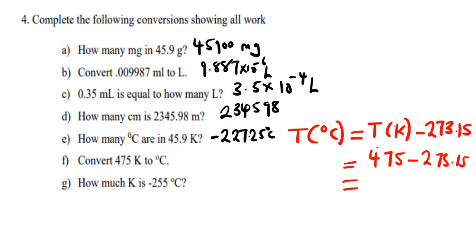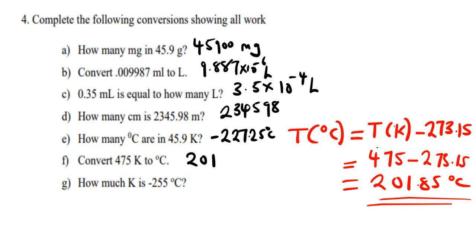What do I have? 475 minus 273.15, I'm getting 201.85. Now this is in degrees Celsius. So that's what we have as our F, 201.85 degrees Celsius.